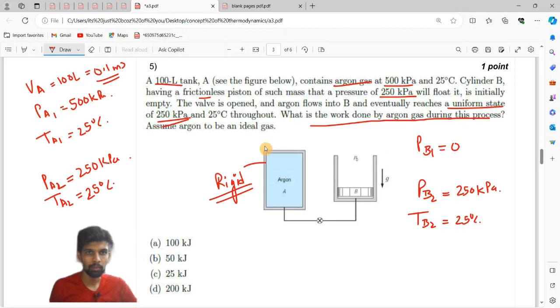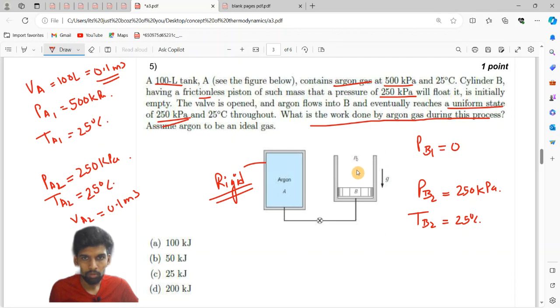This question is taken from the previous assignment itself, where they mentioned this tank is rigid, and here I think they forgot to mention the rigidity of the tank. So we can write VA2 is also 0.1 meter cube.